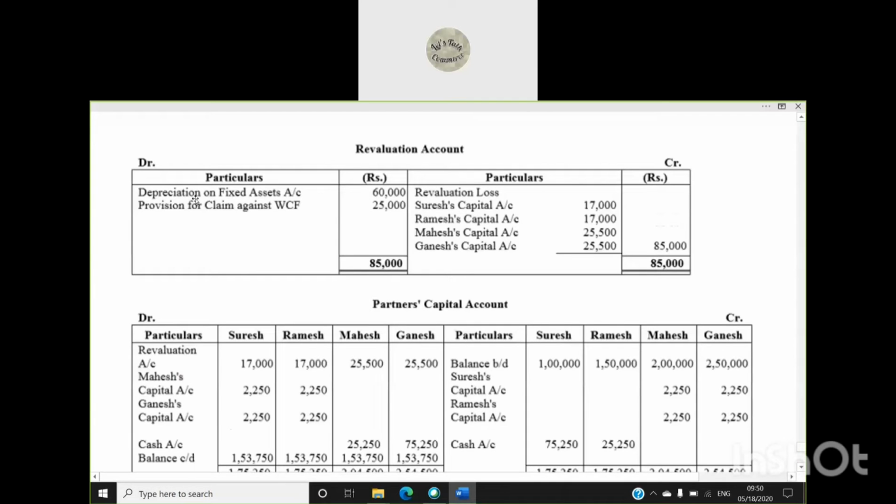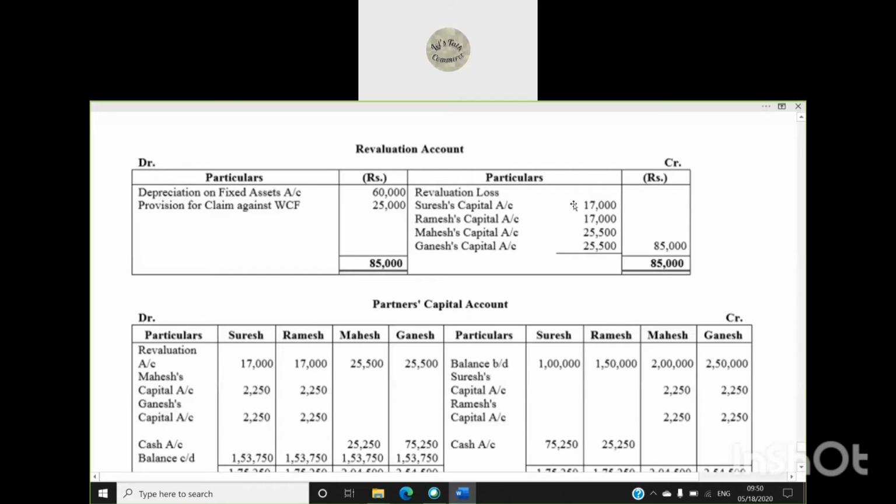Then depreciation on fixed assets is given as 10%. That also we have charged from the revaluation account. No other item of revaluation account is there. So we will balance it up and 85,000 is coming as loss by revaluation account, which is transferred to partners' capital accounts in the old PSR.